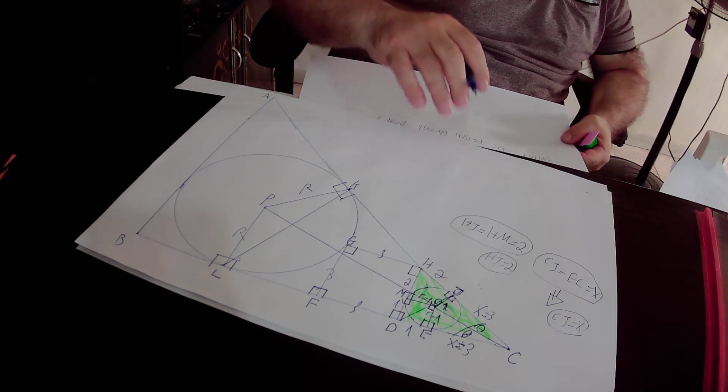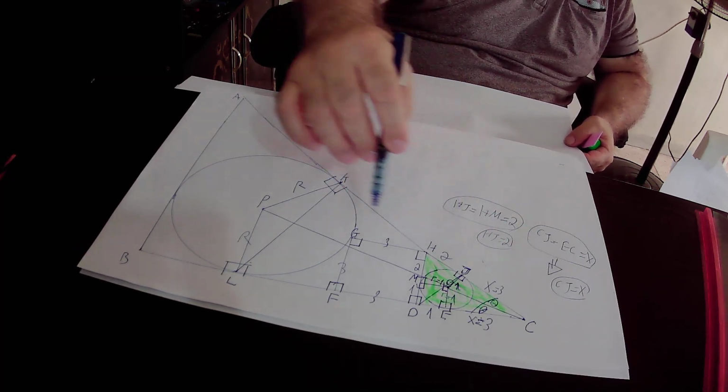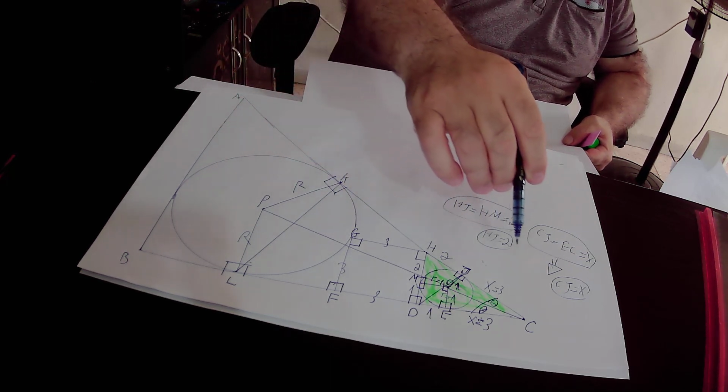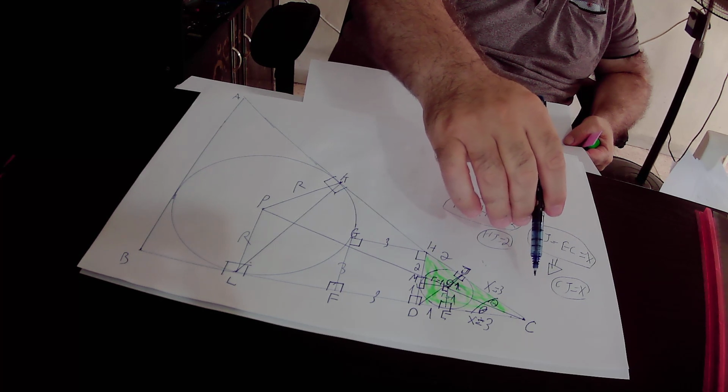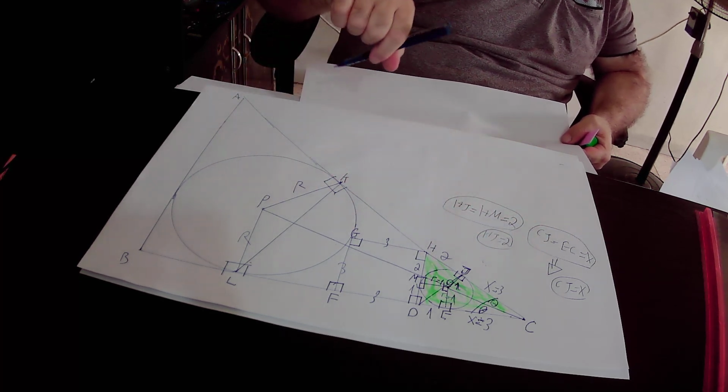Due to our assumption that CO doesn't pass for point P, we arrive to a contradiction. Therefore, our assumption is not correct. Therefore, CO passes for point P. Okay?